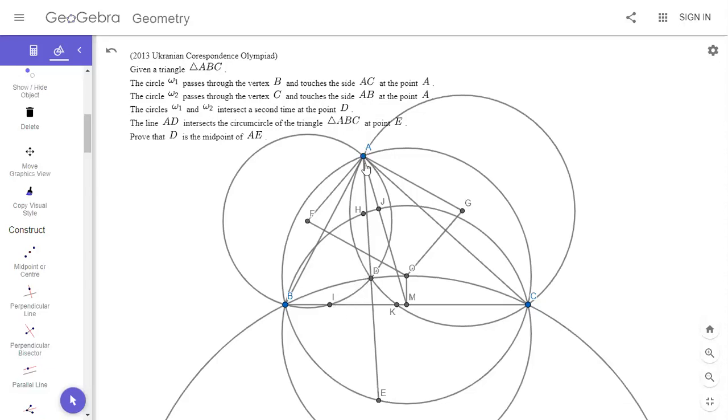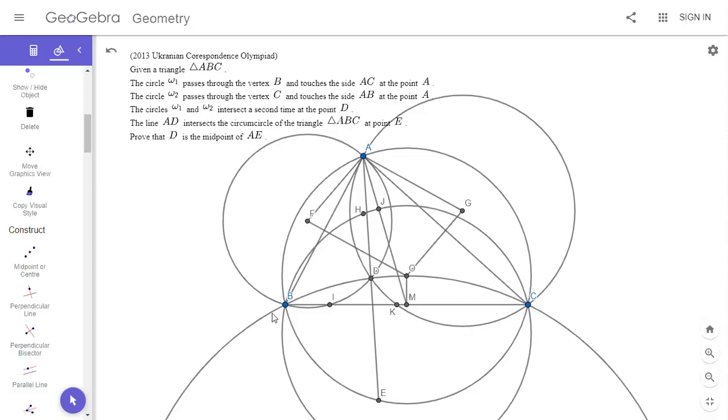CIA and CAB. It follows by power of a point that CI times CB is CA squared. So CAB, and what's the other one? I'm not talking about D right now. I'm just saying that angle AIC should be angle A.